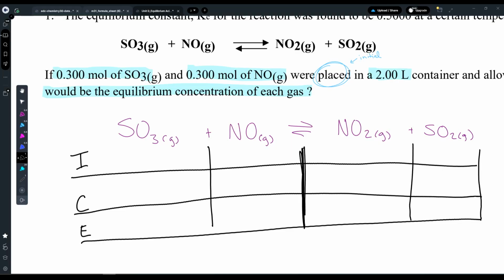Make this line underneath the equilibrium arrow just a little bit thicker so it's easier to separate reactants from products.